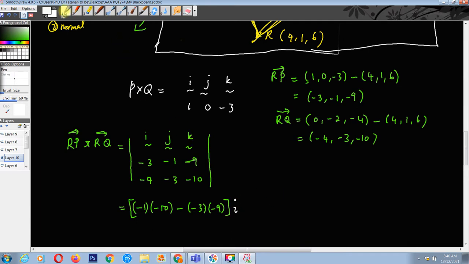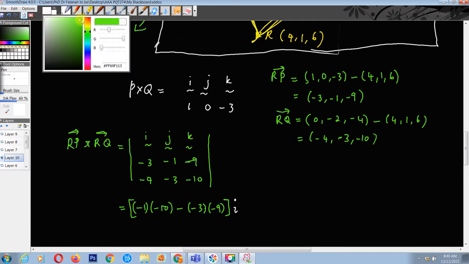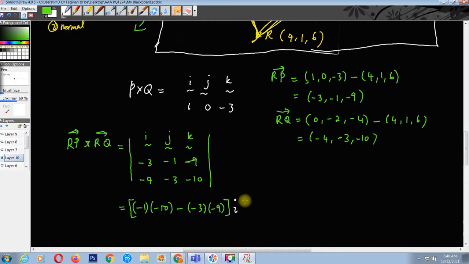For J, J will have a negative in front, then a bracket. So for J, we have negative 3 times negative 10, minus negative 4 times negative 9.